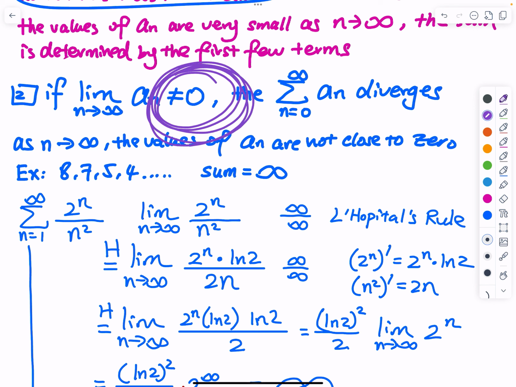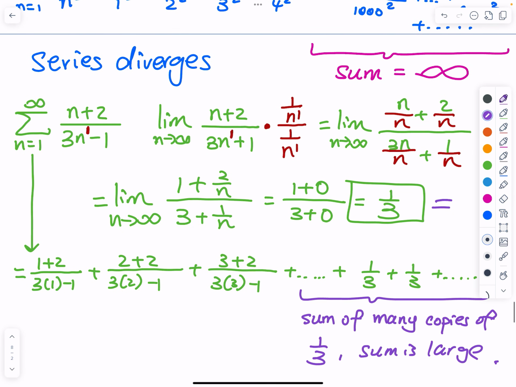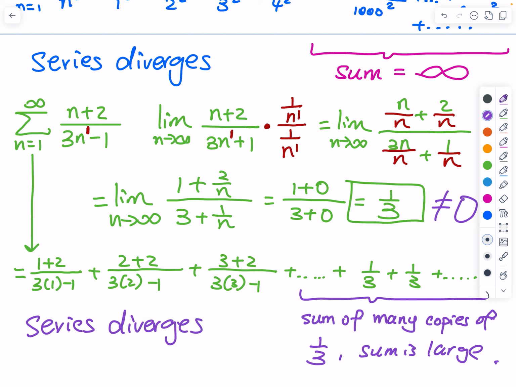This time we have 1/3, and 1/3 is not equal to 0. So the sum is still very large, so we still say the series diverges.